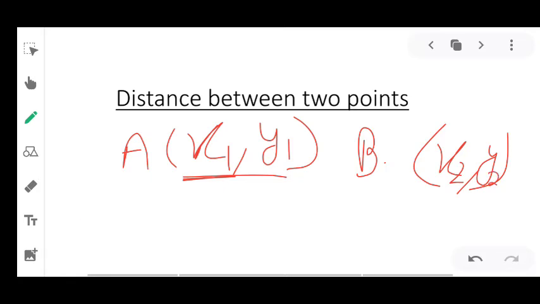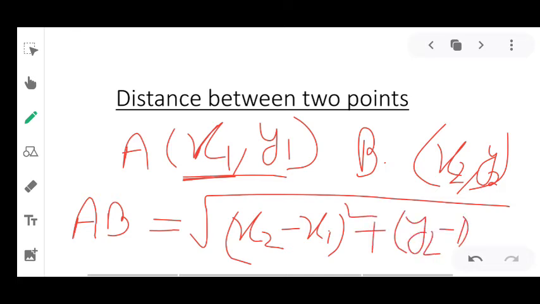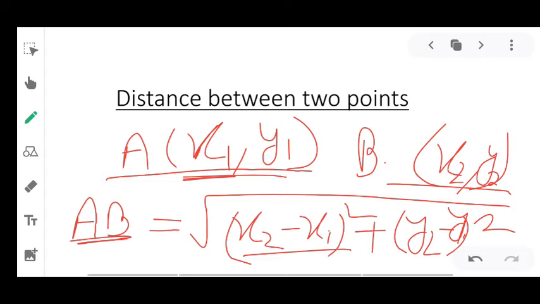Now AB, the distance between A and B. The formula is root over of (x2 minus x1) whole square plus (y2 minus y1) whole square. If these are the points A (x1, y1) and B (x2, y2), then the distance between A and B, that means AB, will be root over of (x2 minus x1) whole square plus (y2 minus y1) whole square.